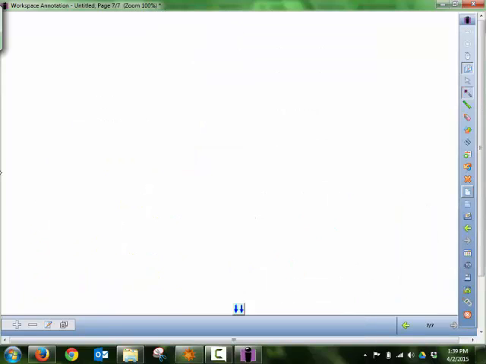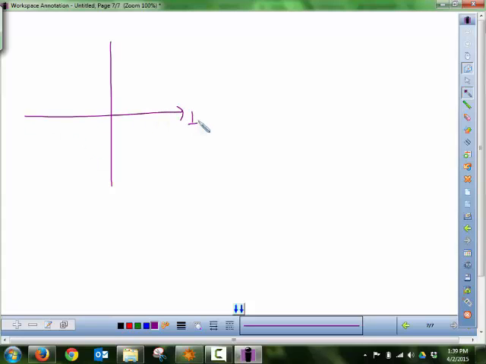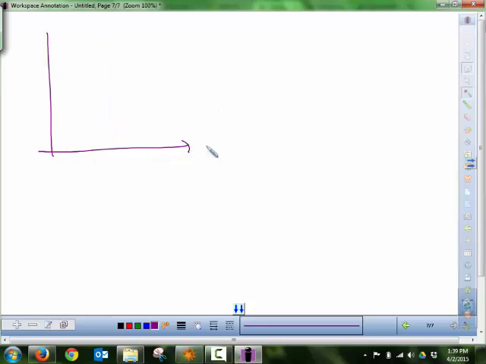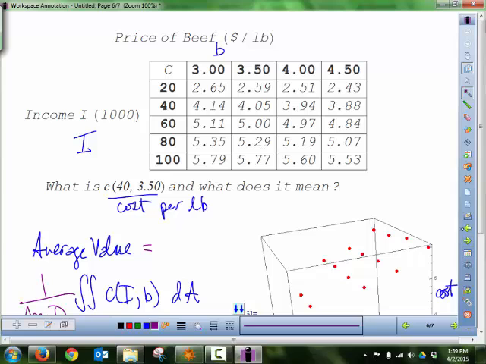Okay, so what we have to imagine is that we go back to a grid. So let me start off on the new page here. Your I grid, let me change my axis since we're all positive. Your I grid and your B grid, and your I goes from 20 to 100, and then your B goes from $3 to $4.50.